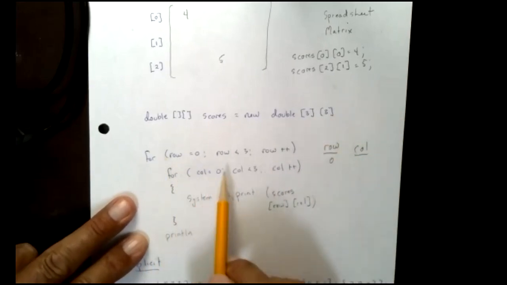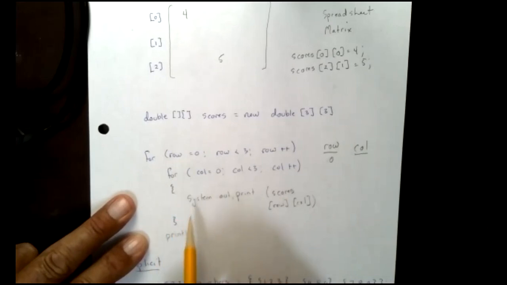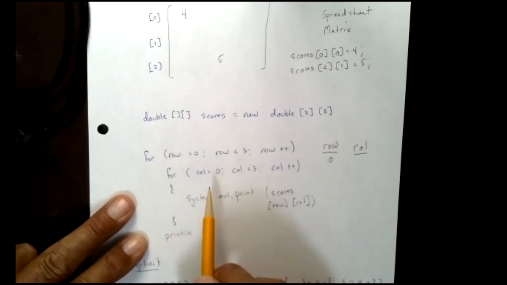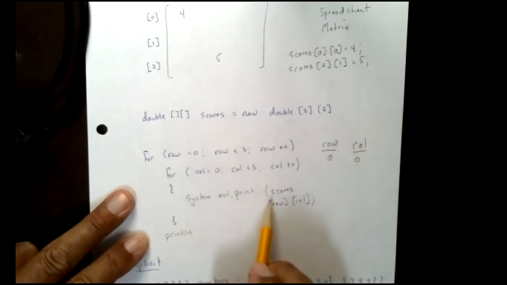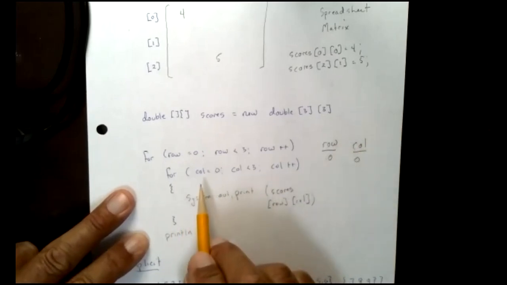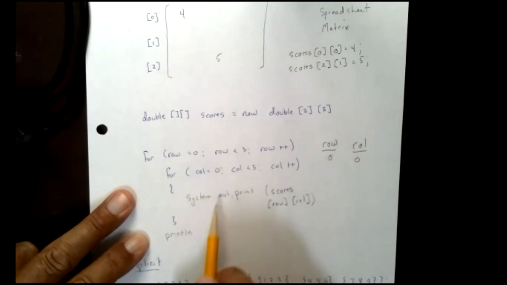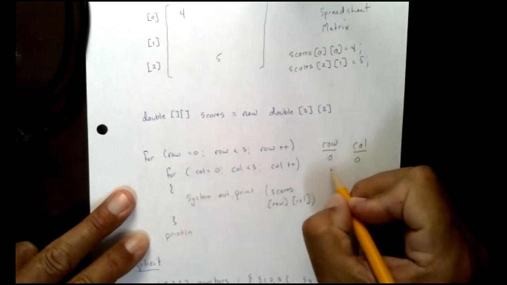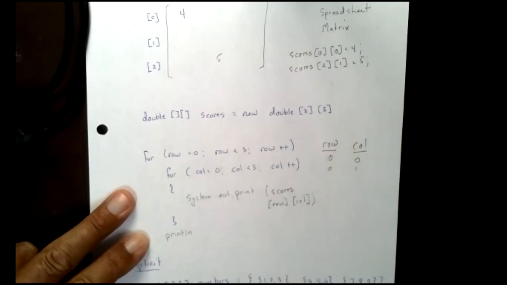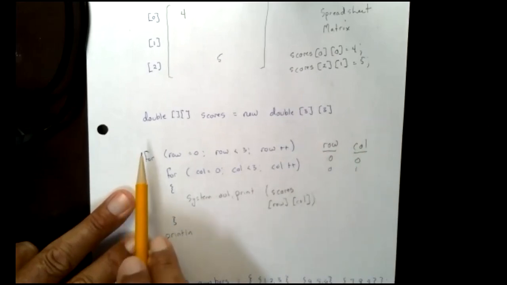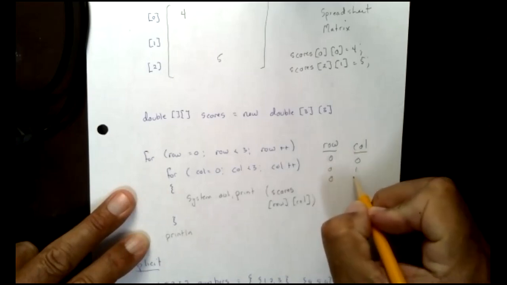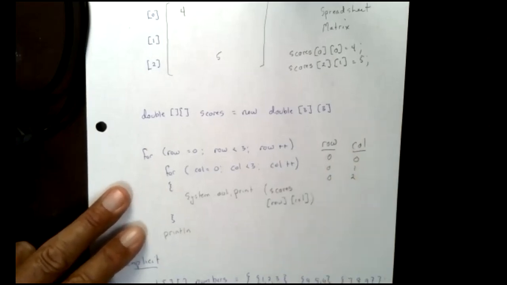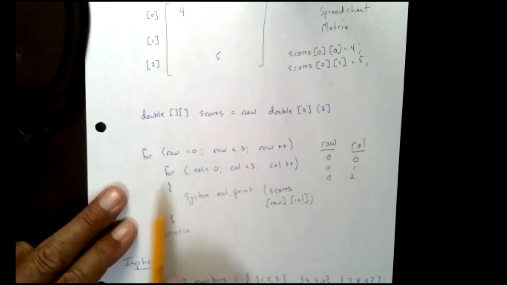Then I come inside, and in the body of that for loop, column is going to get the value of 0. So if I'm in here, I stay inside that inner loop. Column also would get the value of 1. That outer loop of row wouldn't change. And column would also get the value of 2. So it would go through here 3 times inside the inner loop.